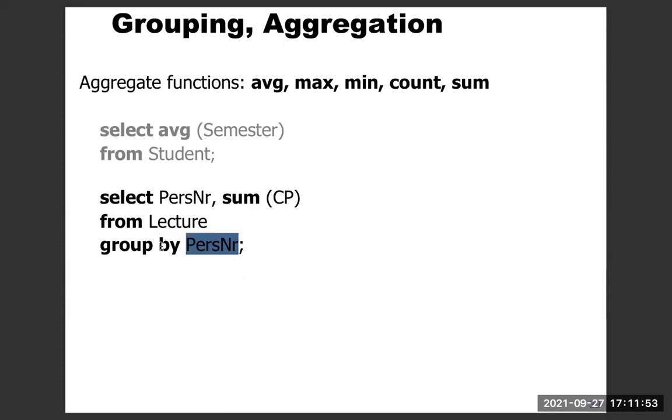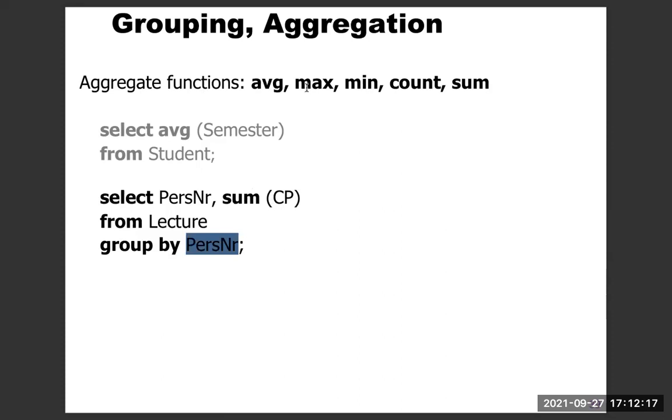Instead, as a result of this query, we'll have just a single record per group. That record may contain the values we group by, so person number we may send to output, and all other fields need to be put under an aggregation function.